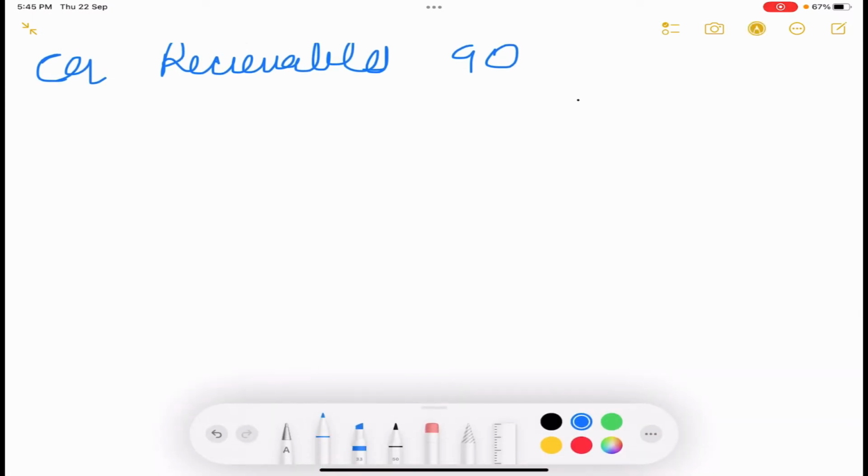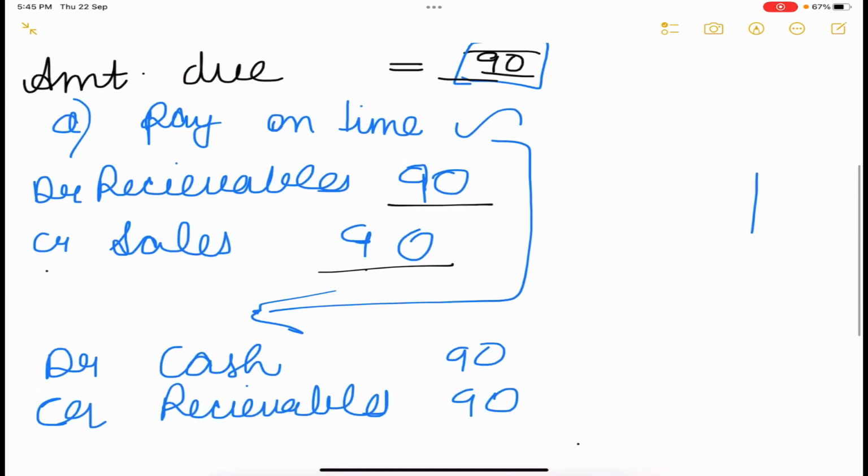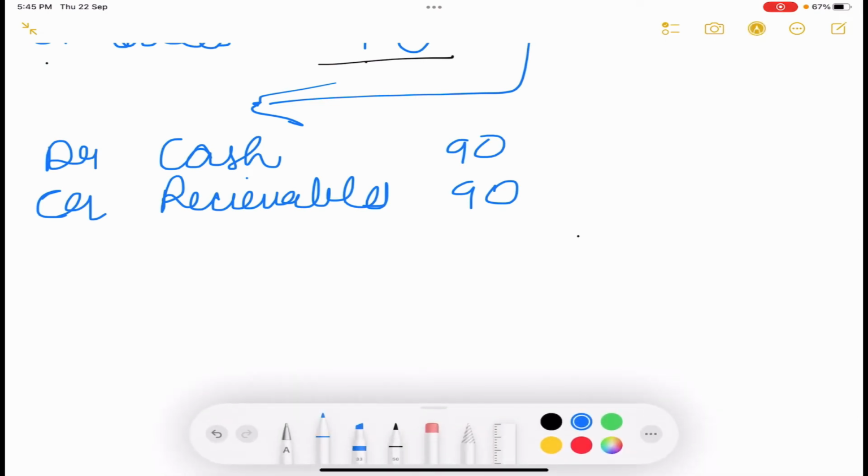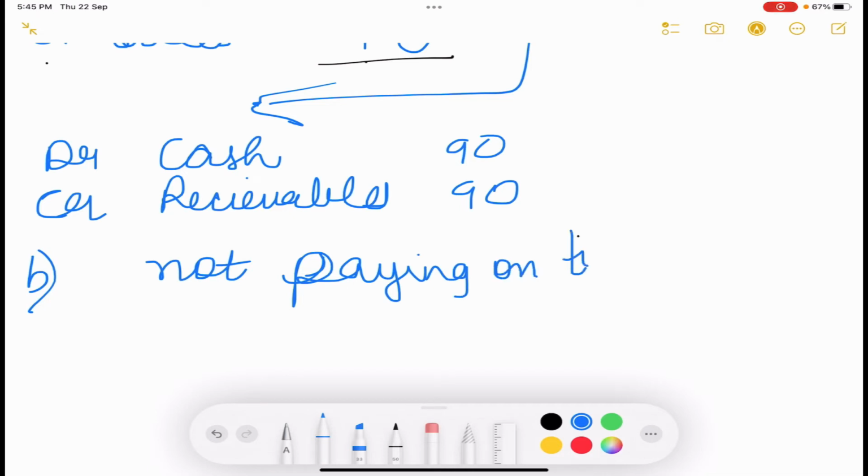Now let's assume that the person is not paying on time. This is the second part.